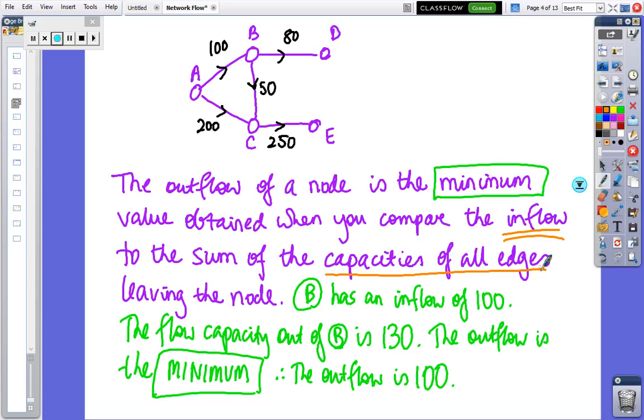Now that is a bit complicated, but for instance, if we look at B, B has an inflow of 100, but if you look at the outflows, we've got an outflow of 130, but because you have to look at the minimum, the outflow of B going out is only 100 because we've only got 100 going in. So despite the fact that we could break it up into whatever numbers we like, we can't deliver 130 when we've only got 100 coming in. So the outflow from B is 100.